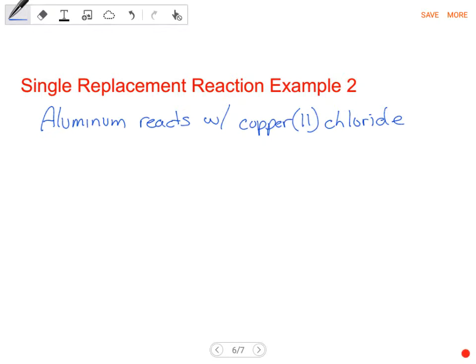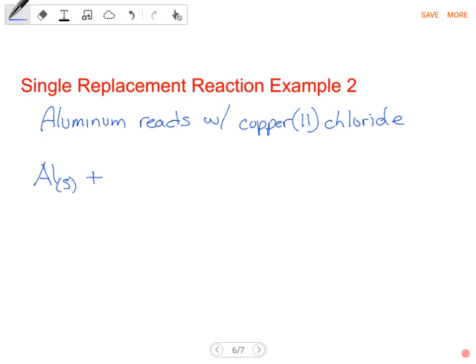Okay, so this one's a little bit harder because we actually have to write everything. They don't give us the starting formulas, so we have to write that ourselves. So aluminum is Al. Now aluminum should be a solid because it is a typical metal, and that does seem to work out.